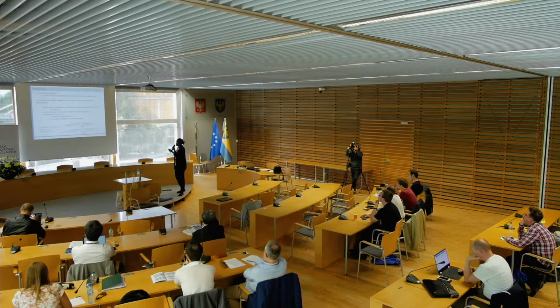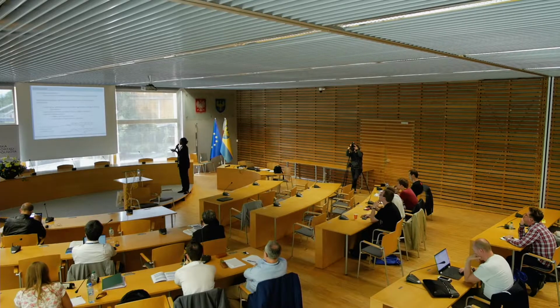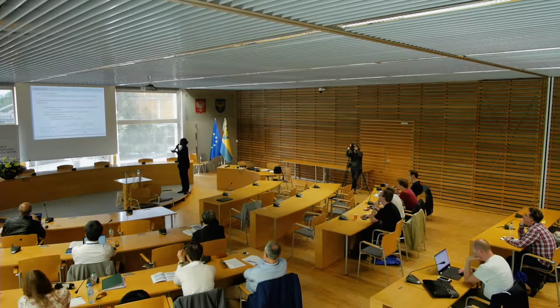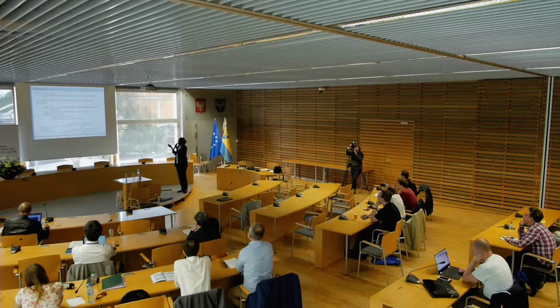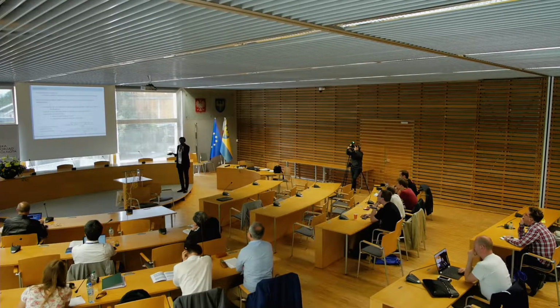The need for empirical scaling of the devices has been known for a long time. These are the expressions for the confinement time in L mode and H mode operation. You can see it's just a lot of coefficients raised to the power of a certain value, but it's empirically determined, and this is in part due to the presence of microturbulence.